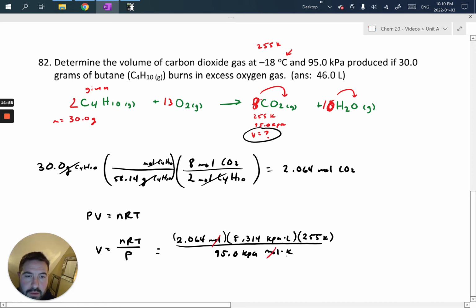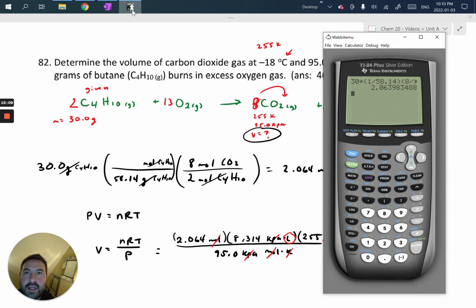Moles are gone. kPa is gone. Kelvin is gone. And liters are left behind. Perfect. So when I plug this into my calculator, I'm going to use the raw value that I got for my moles, that 2.0639 and so on, and multiply that by 8.314.